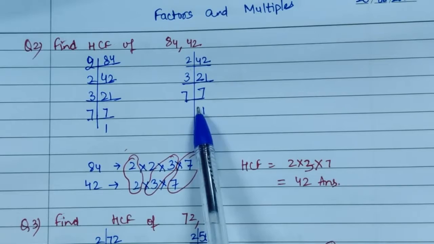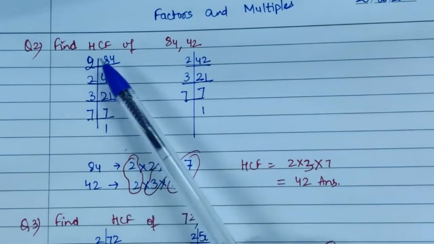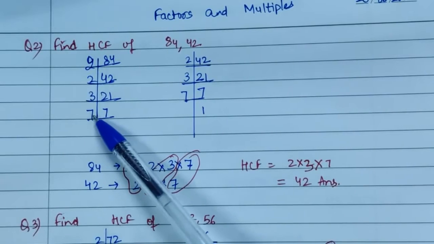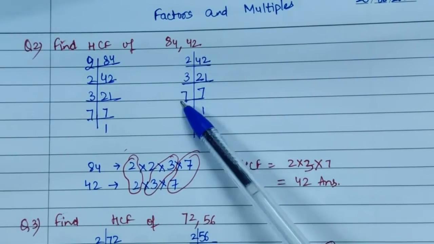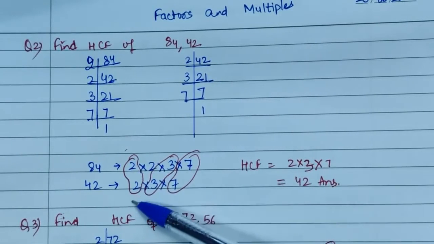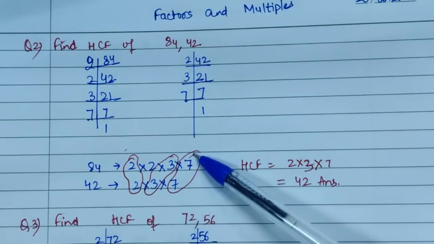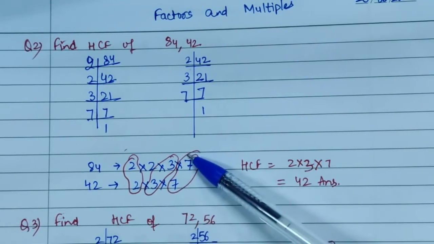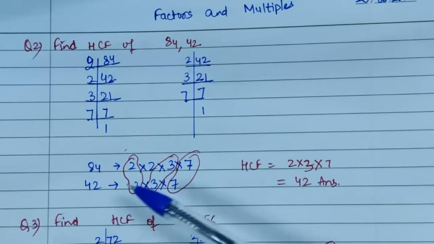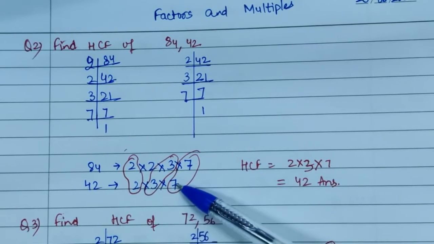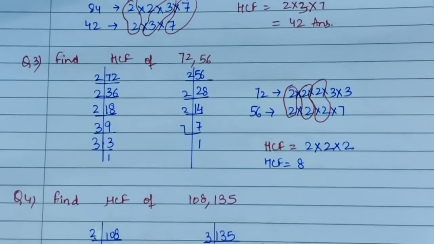Again we write all these prime factors. 84 is 2 into 2 into 3 into 7, and 42 is 2 into 3 into 7. Now write down the common factors. This is common, this is also common, this is also common. To find the HCF we multiply all the common factors: 2 into 3 into 7 gives 42. Clear, children? Let us do one more example.